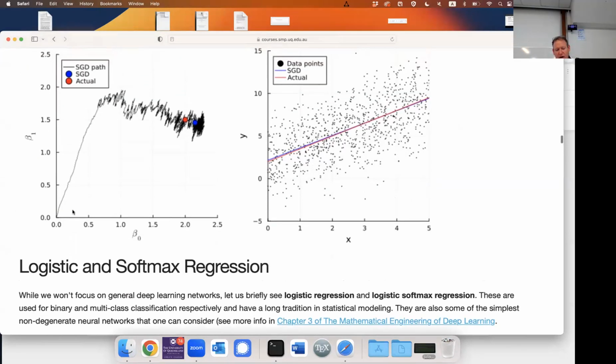Hence our descent is a bit wiggly, but at the end it gets us pretty close to the optimal. So this fit here, this SGD, this blue line, is close to the optimal fit, right? That's what stochastic gradient descent does. Now, why would we want to use stochastic gradient descent and not gradient descent?